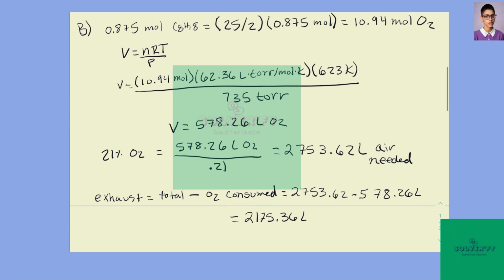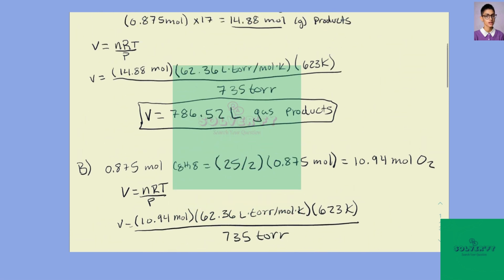And remember, it's asking for the total exhaust, or the total gases in the exhaust. This is just part of it. So to get the total exhaust, we have to take the volume that we just found, 2175.36 liters, plus, and we're going to go all the way back up here.